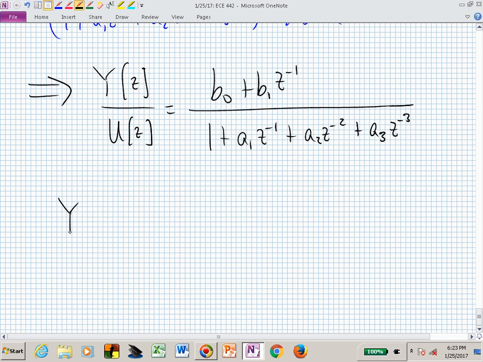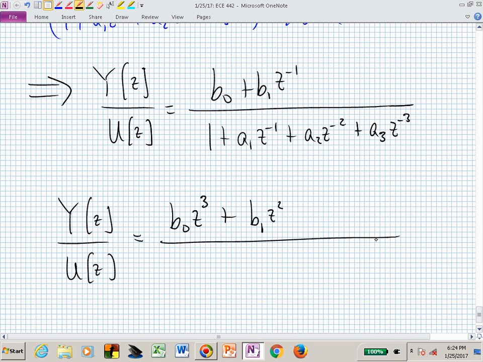I could also say that Y of z over U of z, if I multiply b sub 0 times z cubed, what do I have? b0 z cubed. Can that be any easier? What is b1 z to the minus 1 times z cubed? Now we simply do the same thing in the denominator.